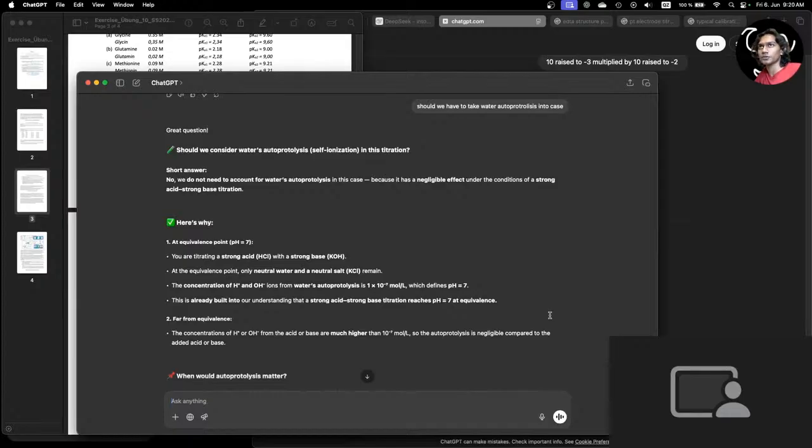Therefore, the moles of KOH and moles of HCl are equal. The number of moles of KOH is volume into concentration, which is 13.75 into 10.45, which gives 1.437 into 10 raised to minus 3 moles, which is the same moles of HCl. Concentration of HCl is number of moles of HCl by volume of HCl, which is 14.37 into 10 raised to minus 2 moles per liter.